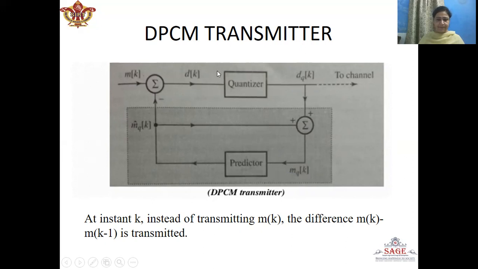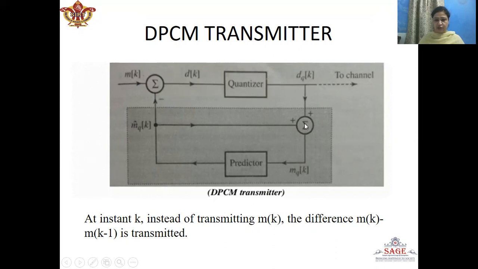Now, in this block diagram, we can say that when at instant k, the present sampled value m_k arrives, we calculate the difference between the present sample value and the predicted value, which is predicted from the previous sample. The difference between these two samples, d_k, is quantized to the nearest value, which is known as d_qk.